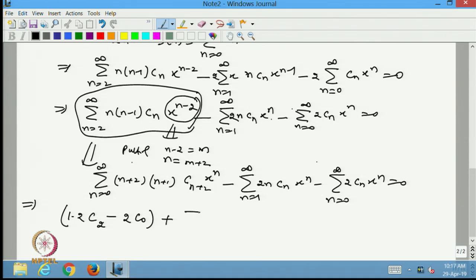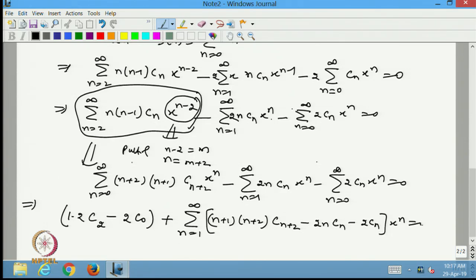And then if I start from n equal to 1, I can take all the terms together. So, it will become n plus 1, n plus 2, C n plus 2 minus 2n, from here I am writing 2n, Cn minus 2 Cn, x raised to power n equal to 0.